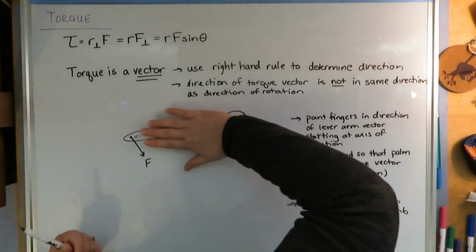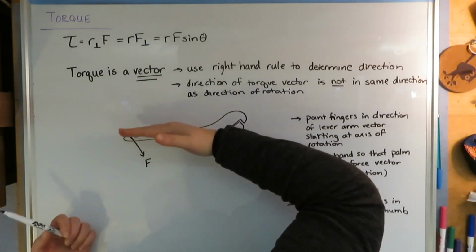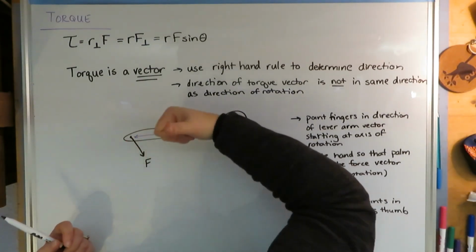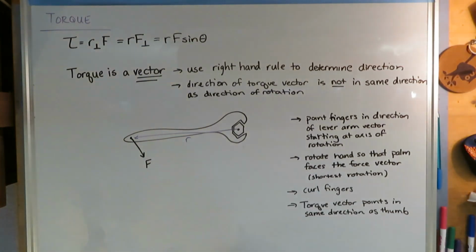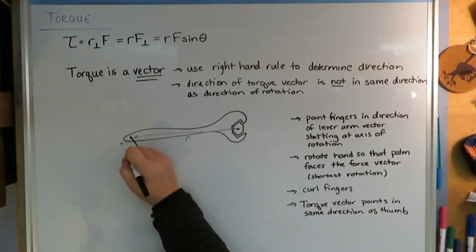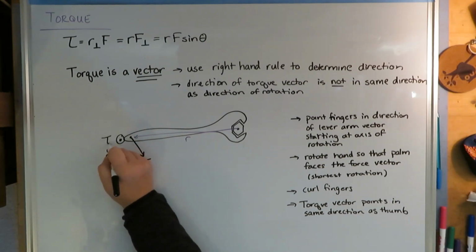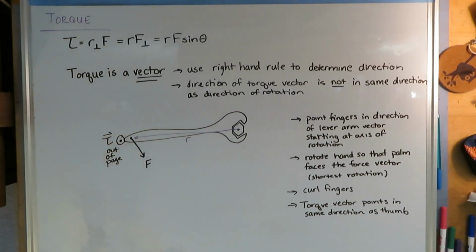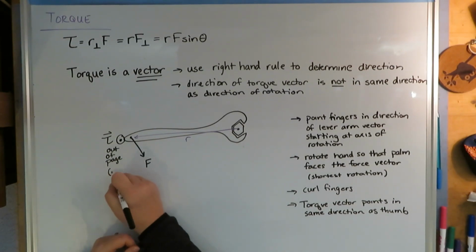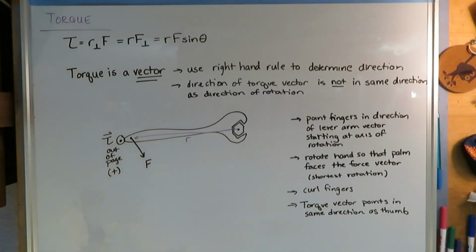So fingers in the direction of R, rotate the palm so it faces the force, curl fingers, and this torque vector points up. Basically the torque being caused at this point is up. We call that out of the page. So the torque vector points out of the page due to that particular force. Out of the page is considered a positive value. Into the page would be a negative value.